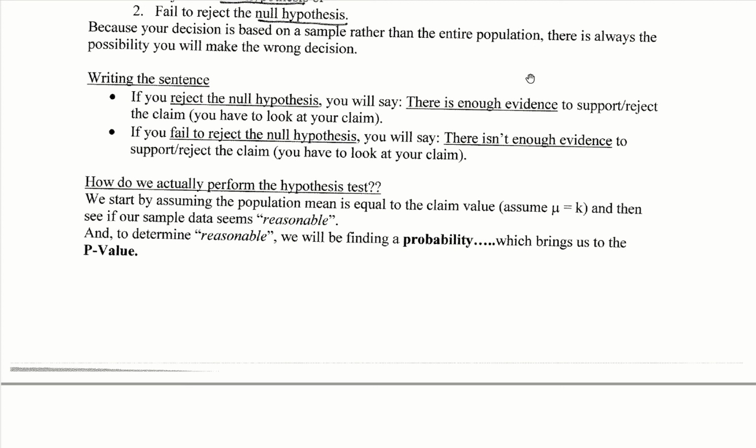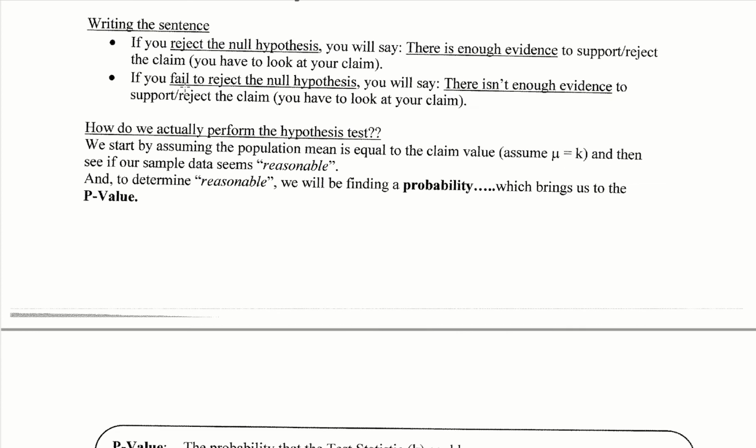On the other hand, if the alternative hypothesis was the claim, then we would say that there is enough evidence to reject the claim. If we fail to reject the null hypothesis, then we will conclude that there isn't enough evidence to either support or to reject the claim.